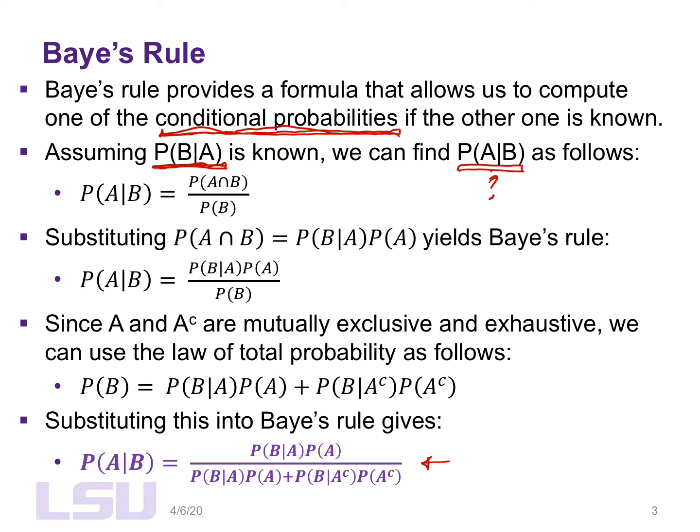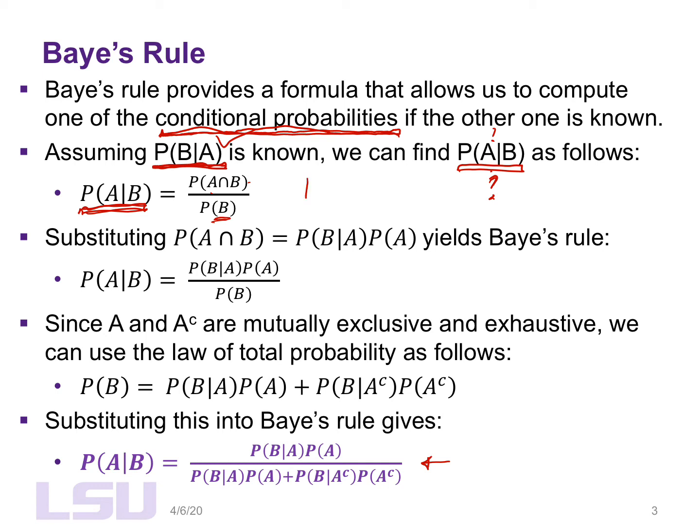That's what Bayes rule gives you. You know this, you're trying to find this, you use Bayes rule. And you can get it very simply from the definition of conditional probability. So we looked at this already. Probability of A given B is probability of the intersection between A and B divided by probability of B. You're given B, so you divide by B.